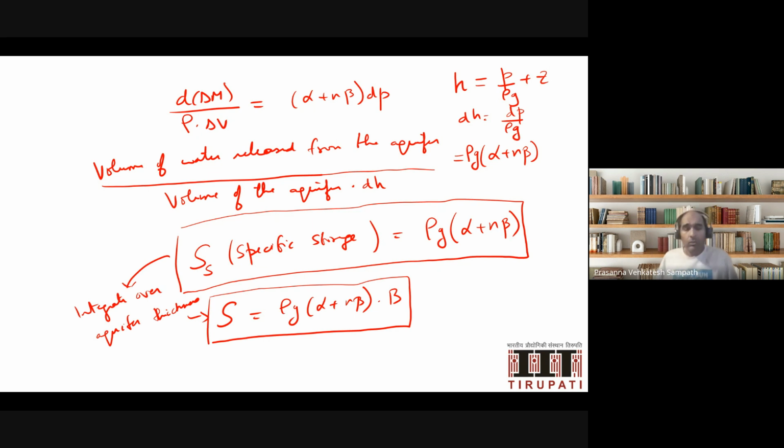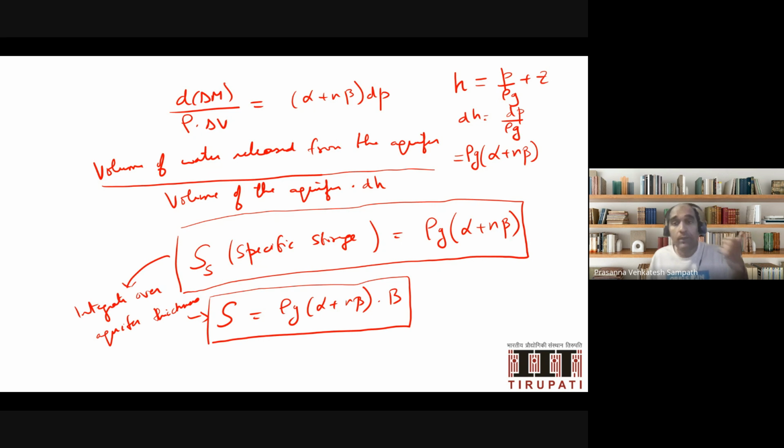Okay. So now, this establishes mathematically why the storage coefficient of a confined aquifer is very, very small compared to the specific yield of an unconfined aquifer.